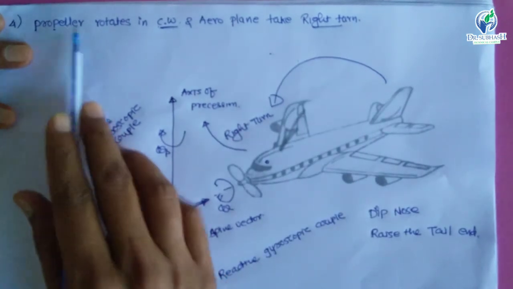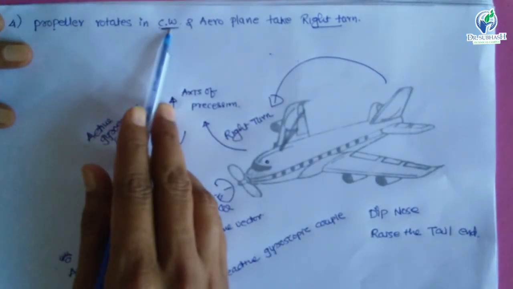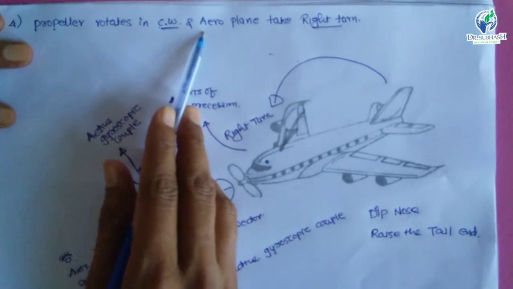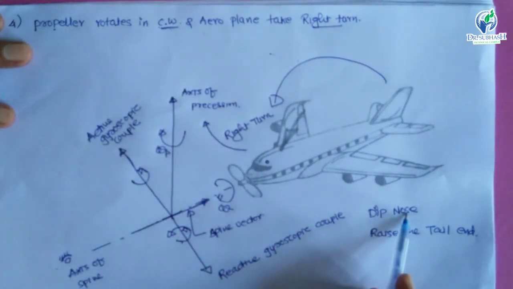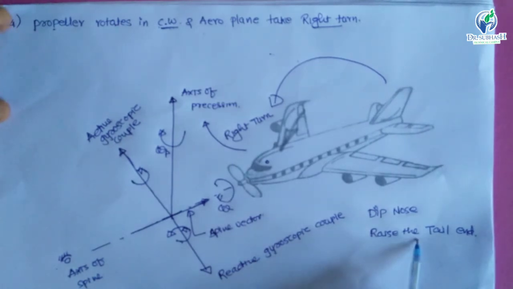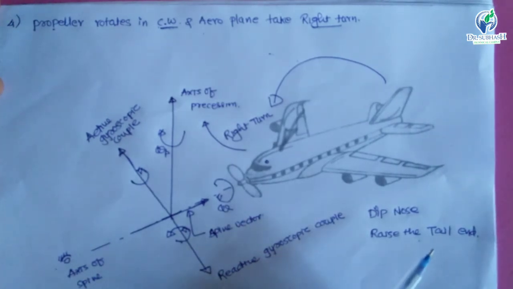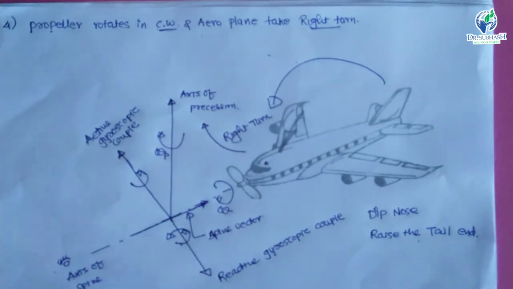So when propeller rotates in clockwise direction and aeroplane is taking right turn, then the effect of reactive gyroscopic couple is to dip the nose end and raise the tail end. So in this way we have discussed the effect of gyroscopic couple on an aeroplane.